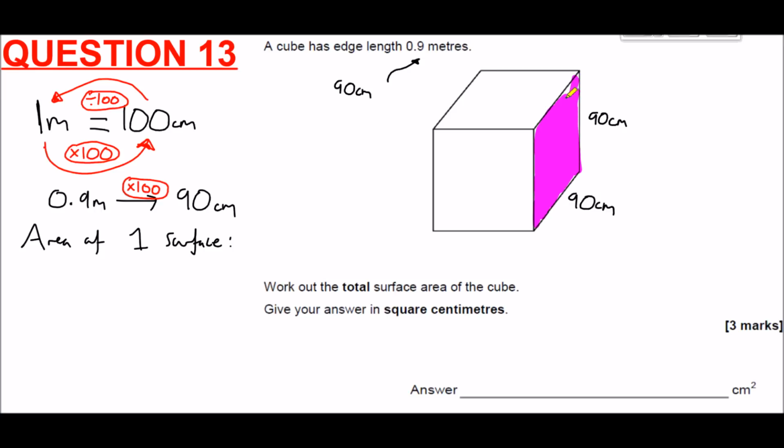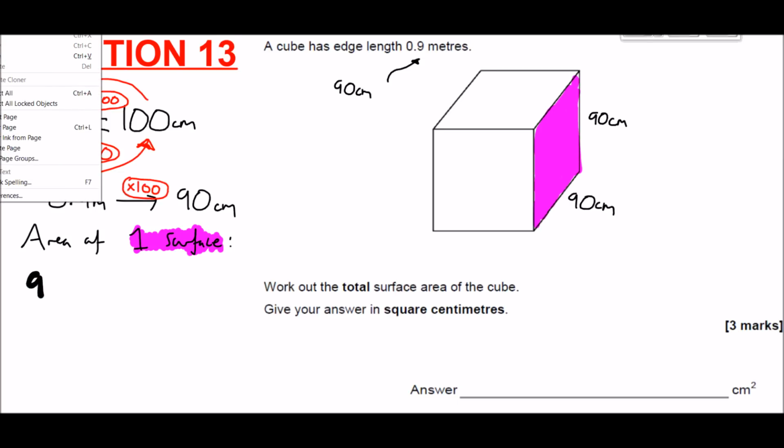So that surface is a square. How do we work out the area of a square? Well, the area of a square is the length multiplied by the width, but because it's a square, the length is the same as the width, so that's just 90 multiplied by 90.